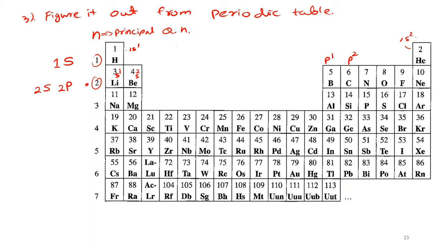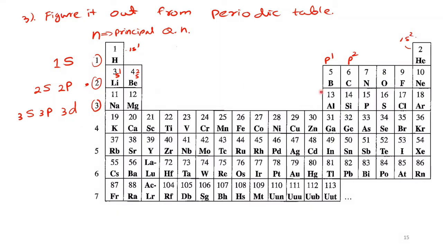The next level is the principal quantum number 3, where you have s, p, and d orbitals. Since you're in level 3, these are all 3s, 3p, 3d. The only thing is that you can see here you have an empty space.